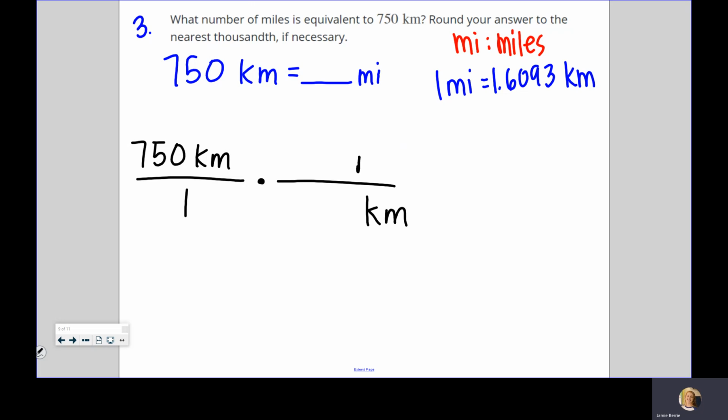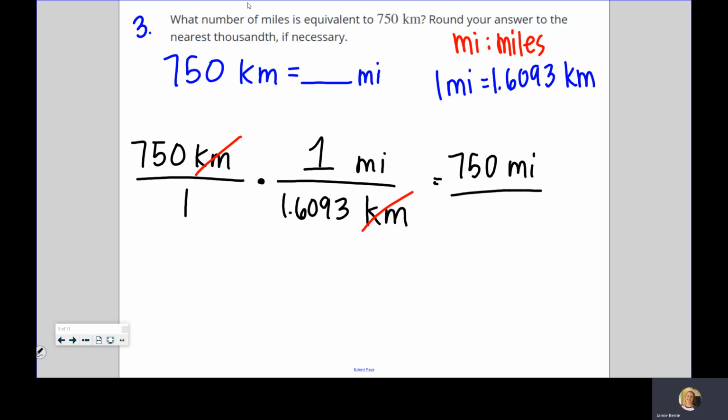We want to go from kilometers to miles, and they told us that in 1 mile, there are 1.6093 kilometers. Cancel out your common units, kilometers and kilometers. Multiply across the top. 750 times 1 would be 750 miles over 1 times 1.6093. Then divide that.